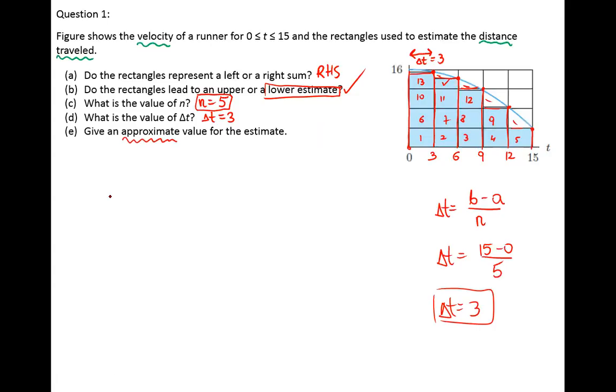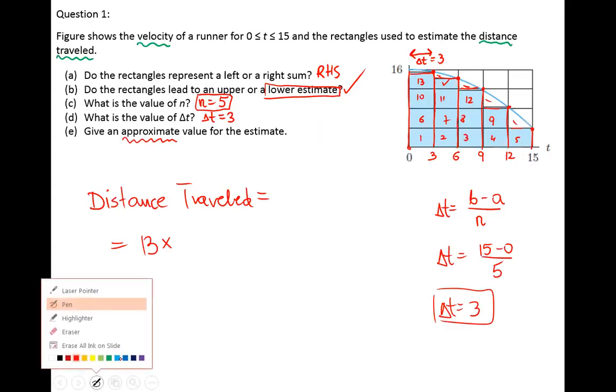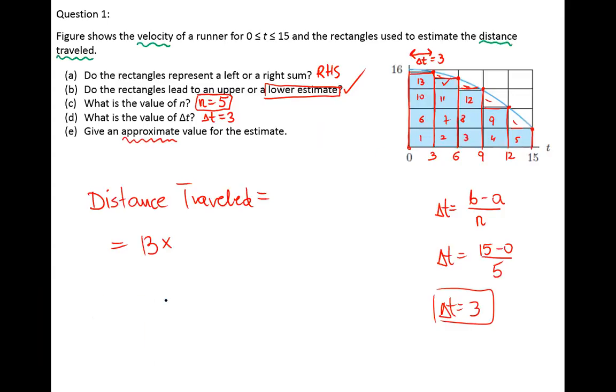That means the whole distance, because that's what we're actually calculating, the whole distance traveled will be, we have 13, and the base is 3. That means 13 times 3.